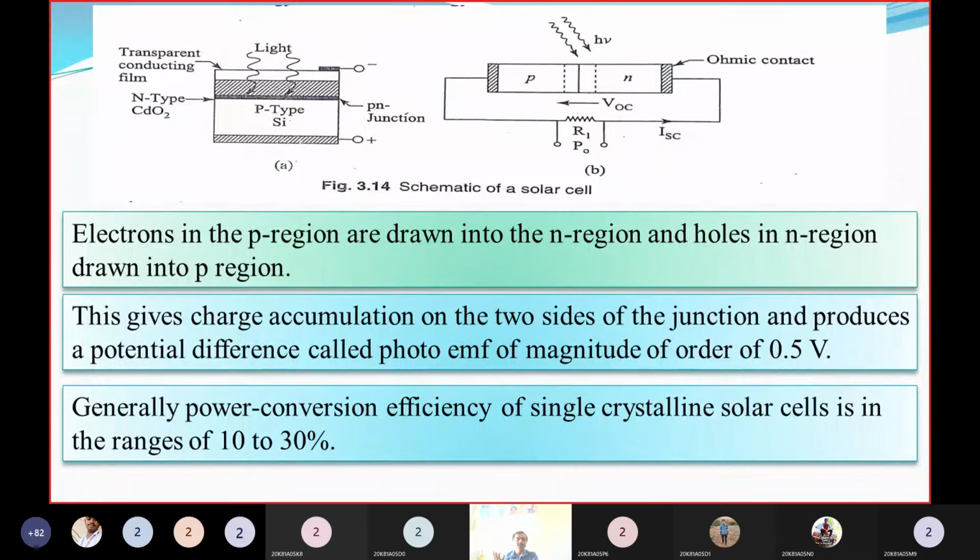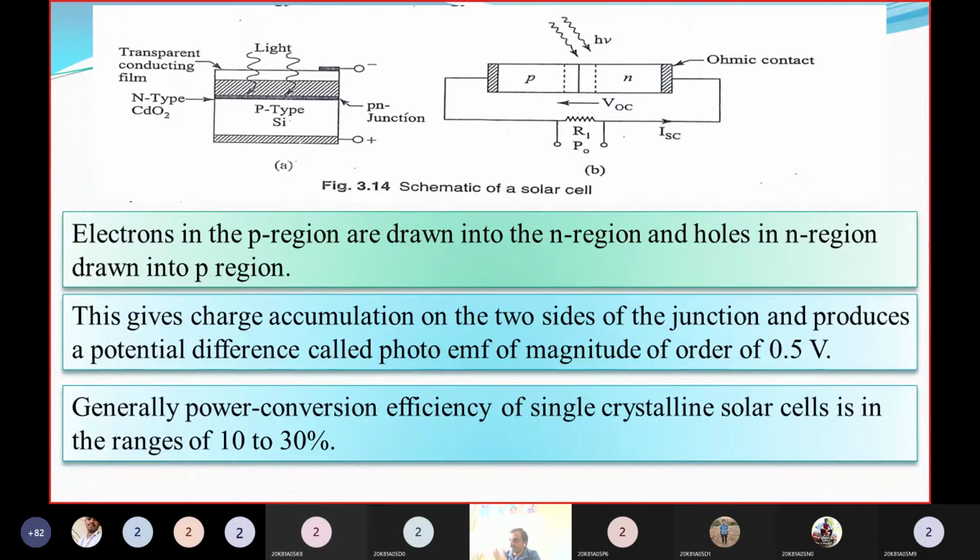All the outputs will be combined, and we take the output from each PN diode, so we get a large amount of voltage. From each PN diode we get just 0.5 volts, which is very small. If you want very high voltages, we use an array of PN junction diodes.